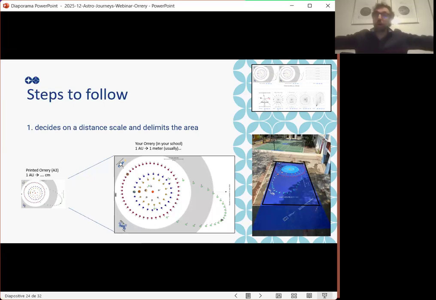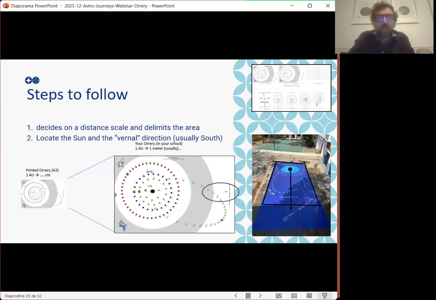But if you want a bigger one, if you want Mercury to be not too close to the sun, you can choose a larger distance scale if you can. So you choose that and then you draw in your court. You check that the complete human orrery will fit in the area that you decided. And then you put the sun where it should be.